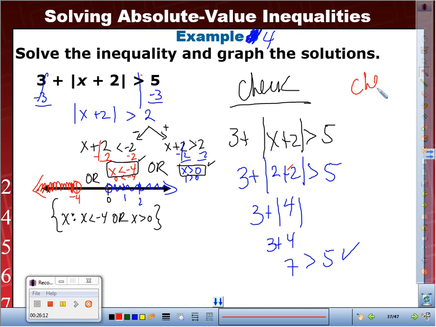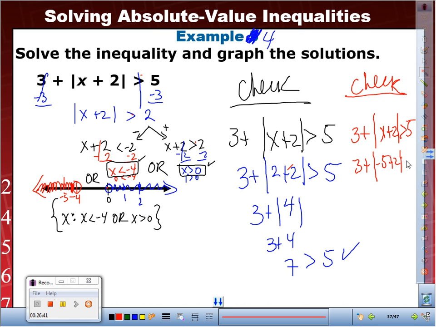Let's see. We got 3 plus absolute value x plus 2 greater than 5. Okay, here it goes. So I'm going to test 1 point from over here, negative 5. So this is 3 plus absolute value negative 5 plus 2 greater than 5.